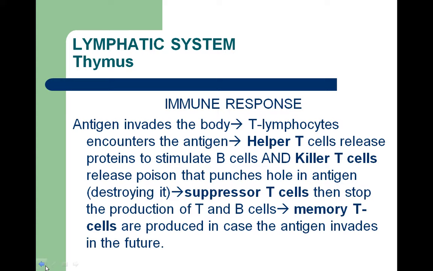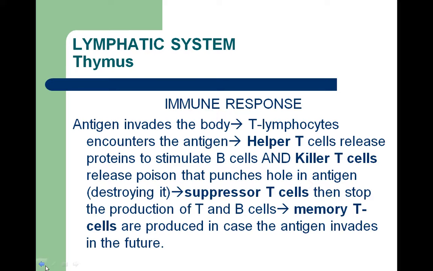Every time the HIV cell reproduces, it takes over more helper cells. So remember, we're not making any more. So at some point when we reach below 200, the person is said to be no longer HIV positive, but now is in full-blown AIDS.